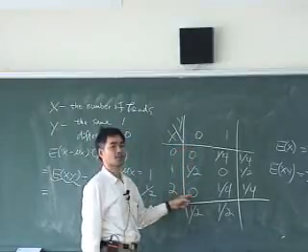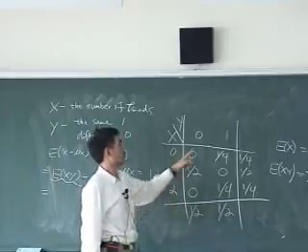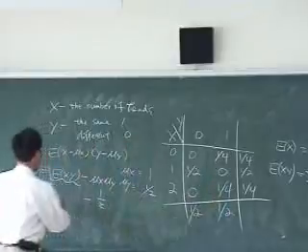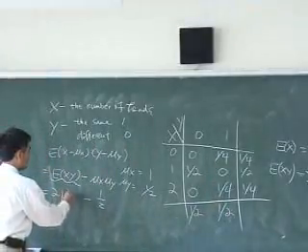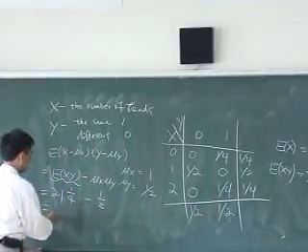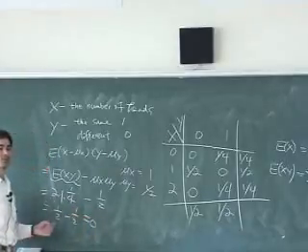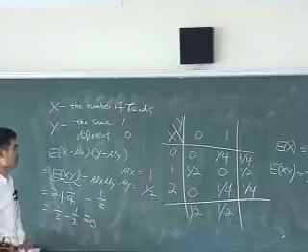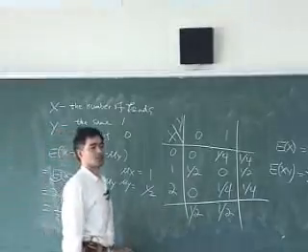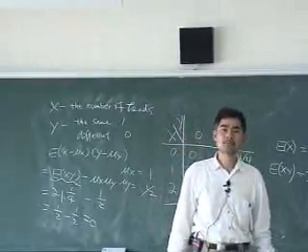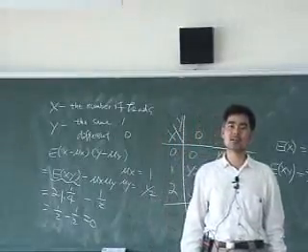You get 0. 2 times 1 times 1/4, so you get 1/2. So that is 1/2 minus 1/2 equals 0, right? So indeed, in this case, covariance of xy is equal to 0.